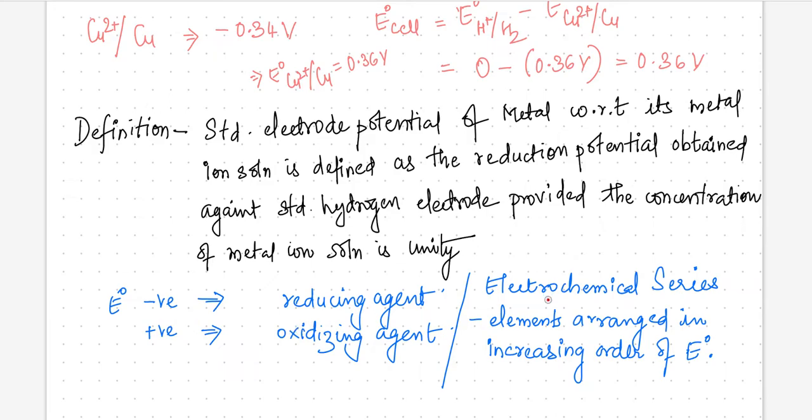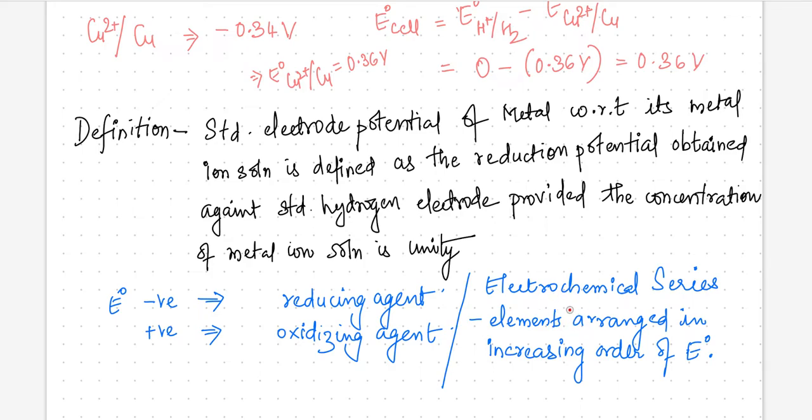You have already learned the table which shows the electrochemical series, where you have different metals with their metal ion solutions. You have the standard electrode potential given in a table format in which elements are arranged in increasing order of their electrode potential, and that table is referred to as the electrochemical series.